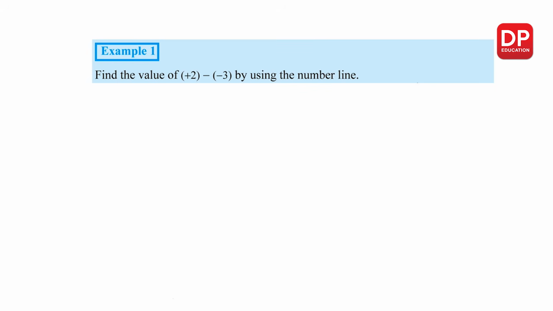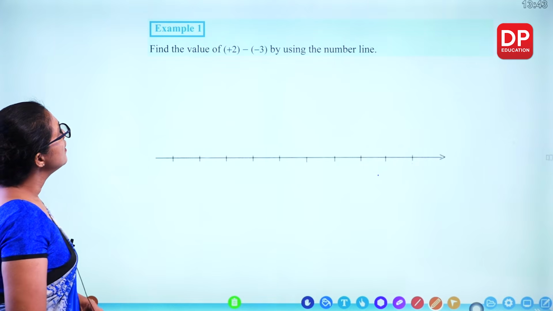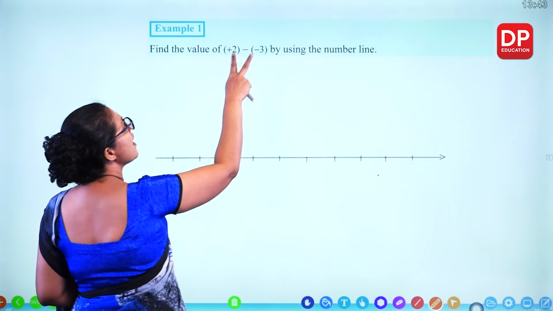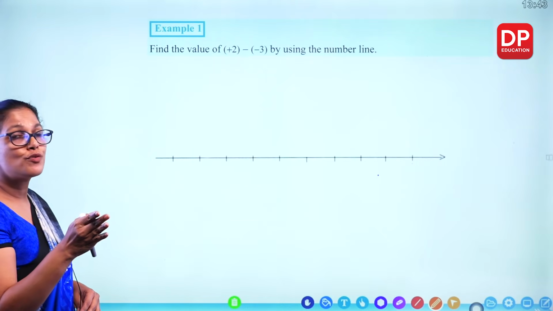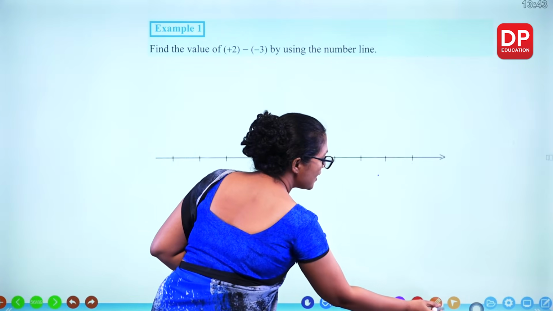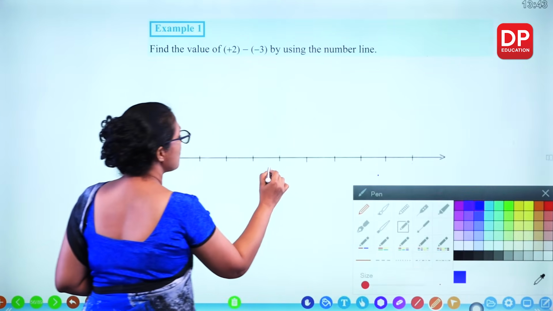Example number 1. Find the value of plus 2 minus minus 3 by using the number line. So here, first look at it. Plus 2 and minus minus. That means you have to move towards right side. So starting with plus 2. So we can take plus 2 somewhere here.